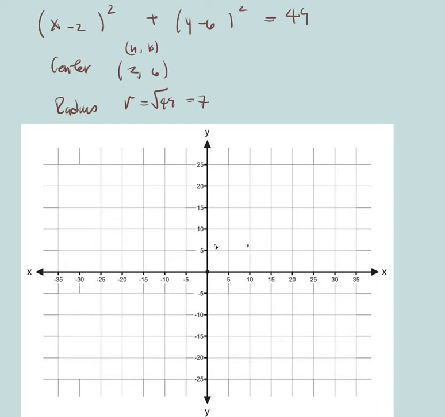Then 7 units up: you already have 6, so 7 more will be 13, somewhere around here. 7 units to the left: you already have 2, so it will be at negative 5 here. And 7 down, so we have it at negative 1. It has to be equidistant, somewhere around here. So this is our circle. Awful, but it's okay. This is our circle. Yay!